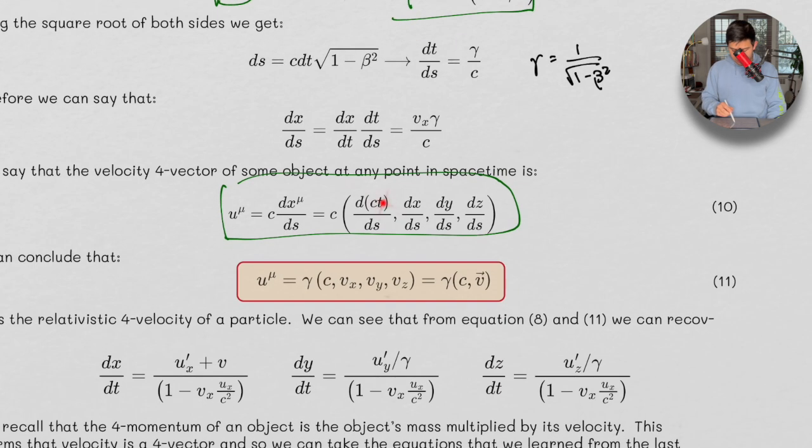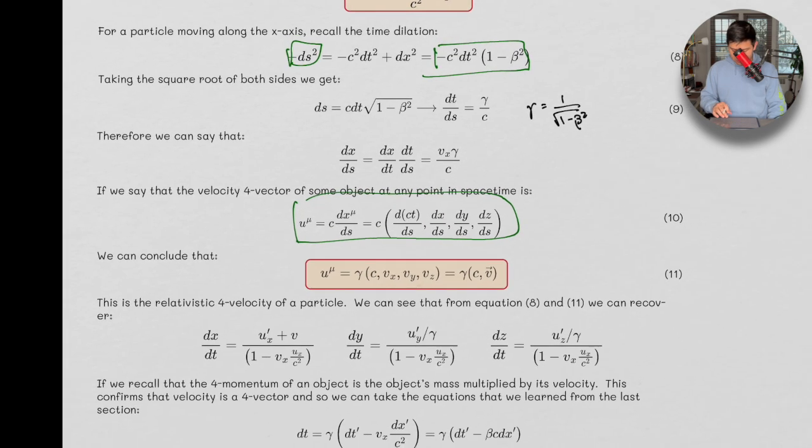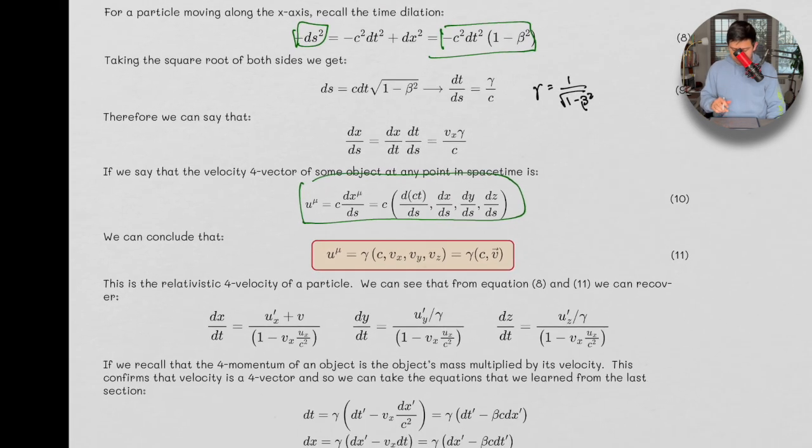Because we have the temporal component with respect to ds, and dx, dy, dz, all with respect to ds. Okay. Again, because that dt cancels out. And so we get this right here, and we're able to throw this gamma in here because it shows up right here.